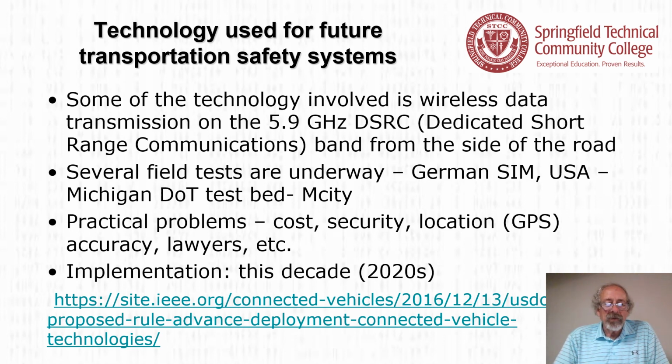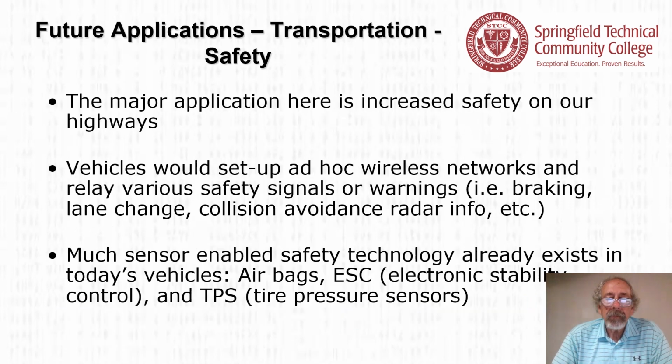So I don't know what they'll do if there's not a bunch of highway accidents. Implementation of all this stuff this decade, the 2020s, certainly not the early 2020s, but as we go through the 2020s. There's a link here to the U.S. Department of Transportation you might want to look at.